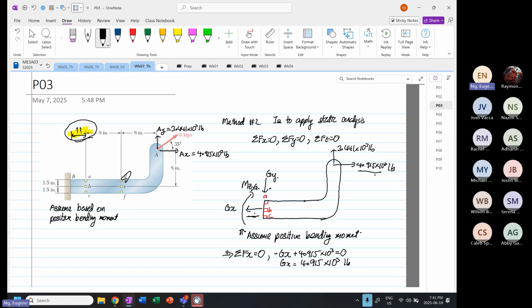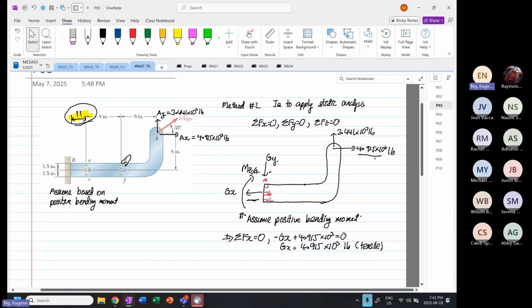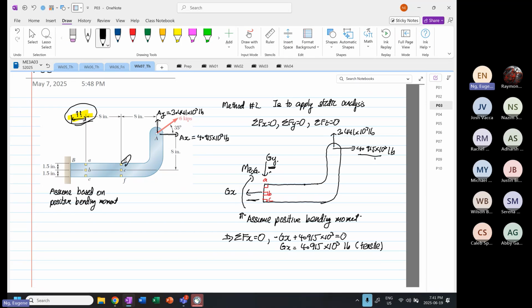And when it's pulling away, it's going to induce a tensile stress, because the left-hand side is pulling away. Then the next thing, we don't look at GY first because we have not done shear stress yet, but I'll do the calculation for you. So summation of forces in the Y direction is equal to 3.441 times 10 to the power 3 minus GY, the whole thing equal to 0.